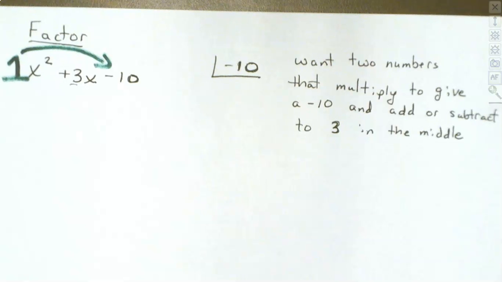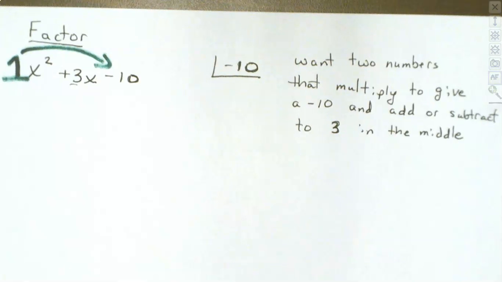In some cases they're going to add. In some cases they'll subtract. Now let's think first about multiplication. So I want to get two numbers that multiply to give me a negative 10. What do we know about the signs in multiplication? How can I get two numbers, just think about the signs, not the numbers, that multiply together to give me a negative 10?